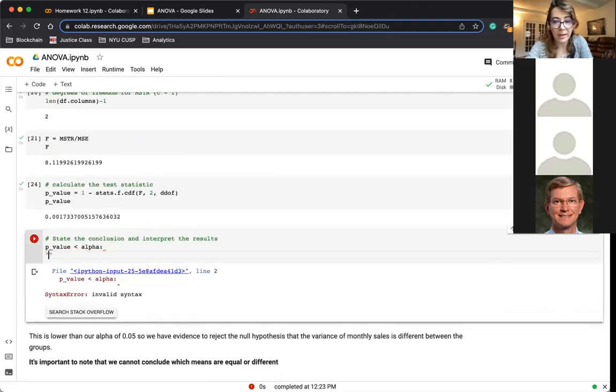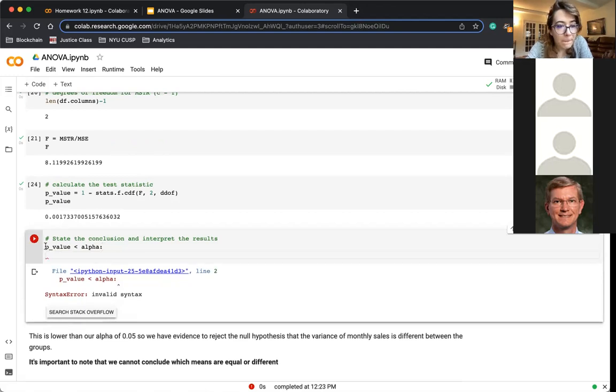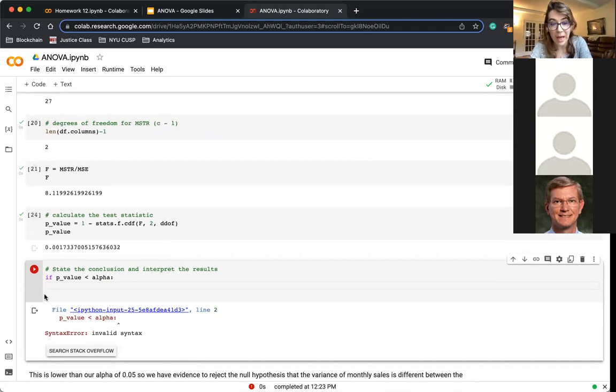Oops. And if so, I'm just going to use an if function. So if our p-value that we defined here, which is the probability of seeing this value of our F from the F distribution as extreme as it could be, so that it would pass this threshold of 95% or 5% in the confidence interval.